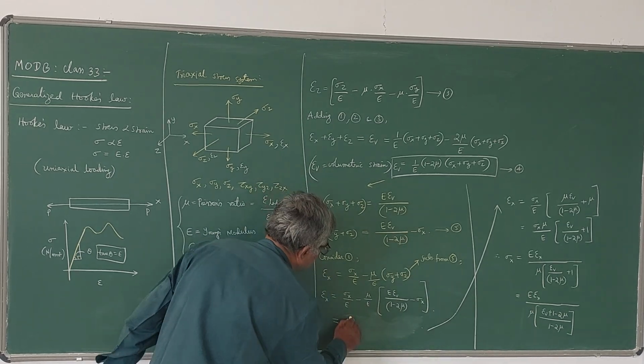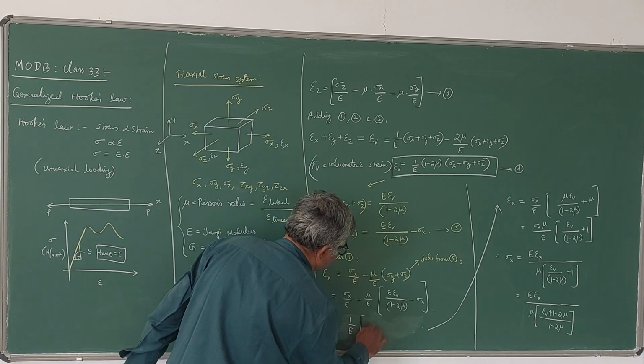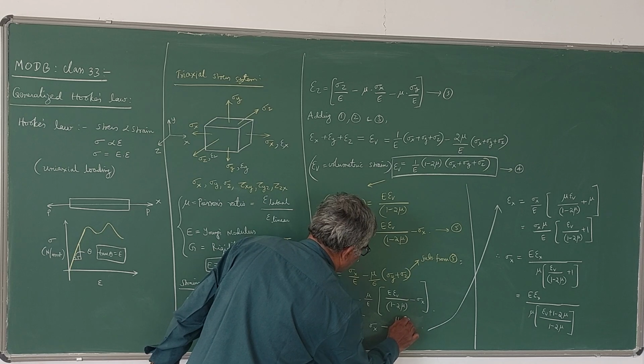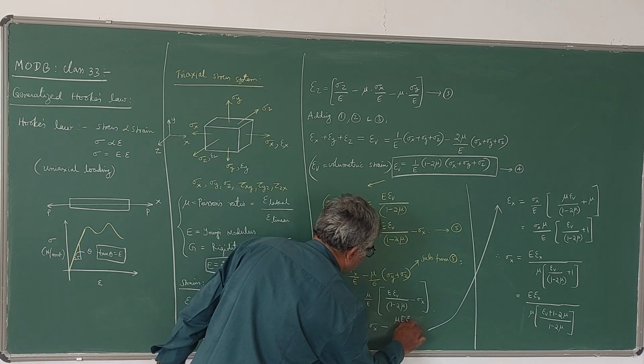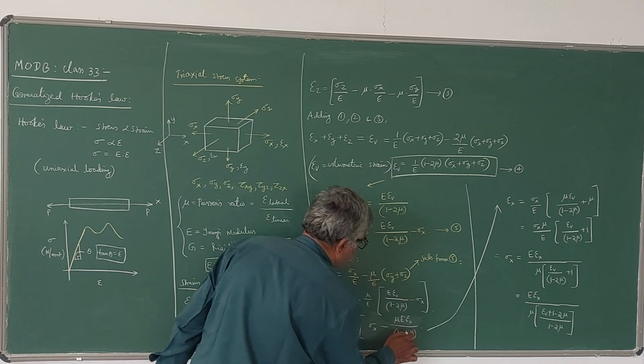So that is better: 1 by E into sigma x minus mu E epsilon v by 1 minus 2 mu.